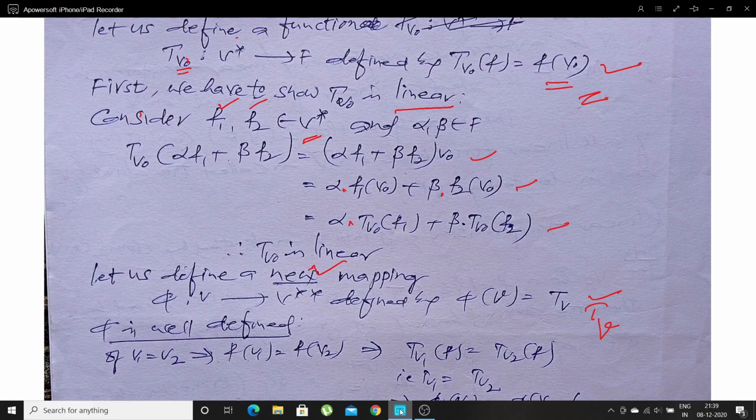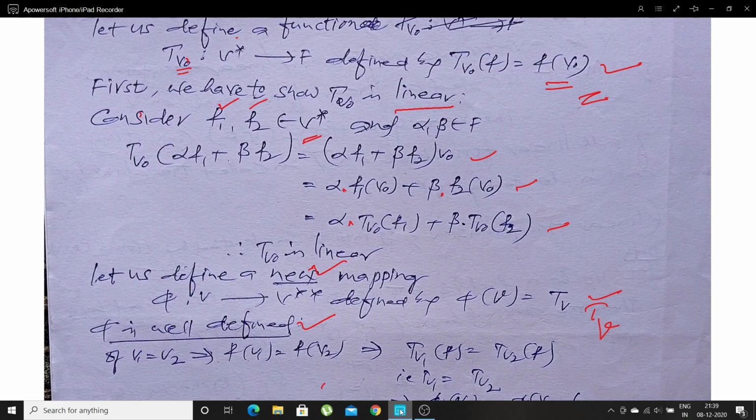To check whether the mapping is well defined or not, the easy way is to verify whether the one-one property holds. If the one-one property holds, that indicates the mapping is well defined, and we can move forward.